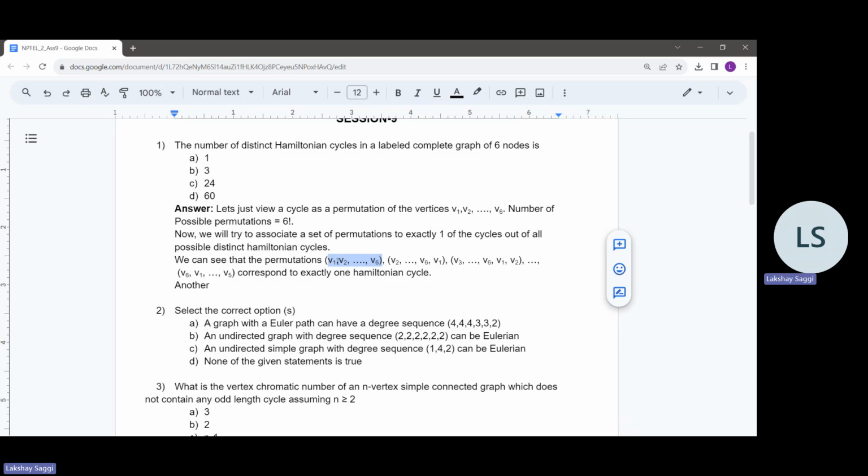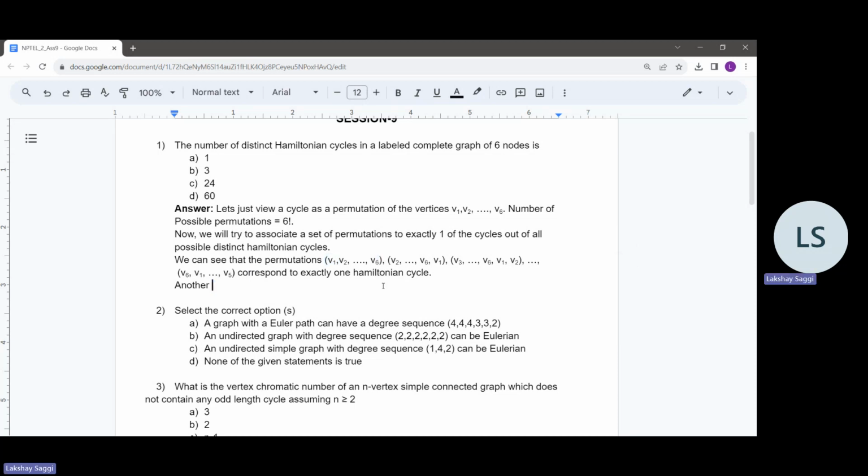The cycle which has the vertices in the order V1, V2, V3 till V6 will also correspond to the cycle which has the vertices in the reverse order. Since this is a graph, the edges can be traversed in any direction and we'll get the same cycle, because the same set of vertices will be covered. So if I start from V6, then go to V5, V4, V3, V2, V1, that will be the same cycle as the cycle of V1 to V6.